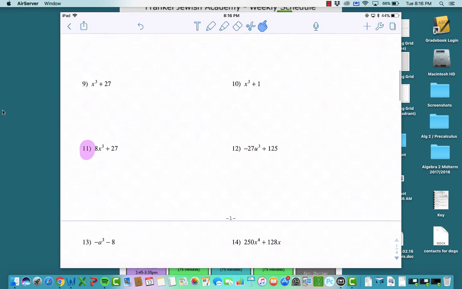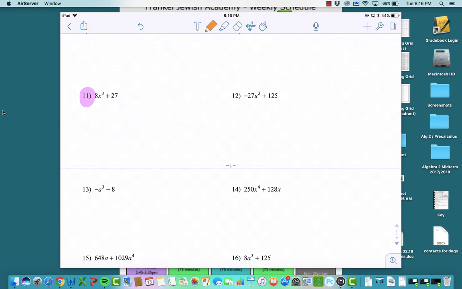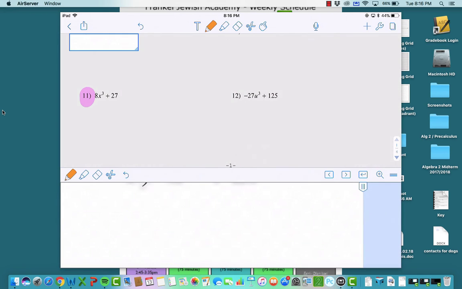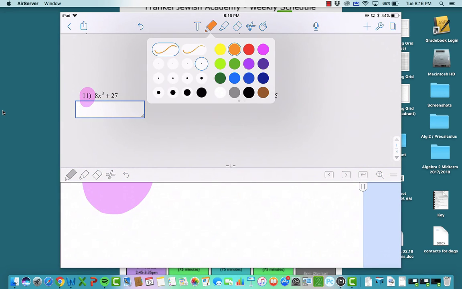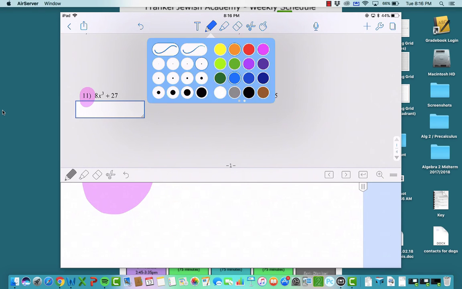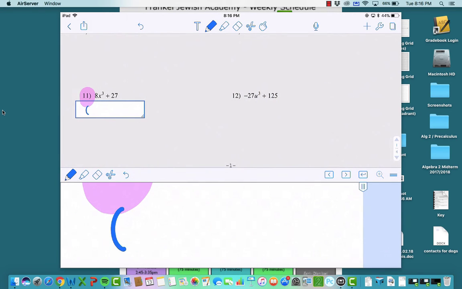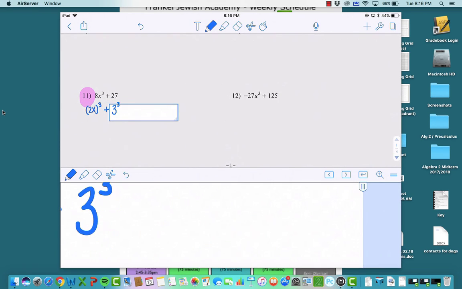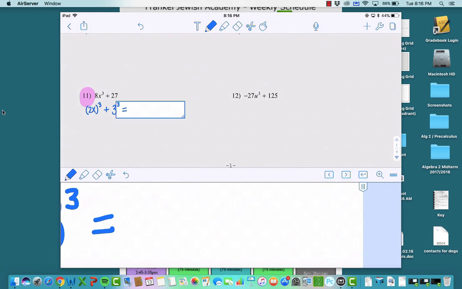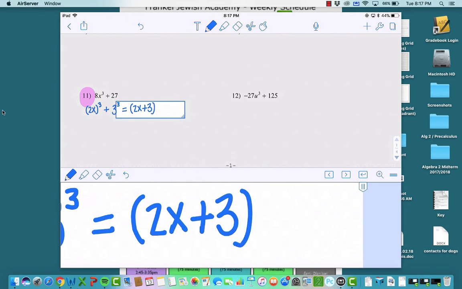So let's go down to number 11. Again, I have a sum of cubes here. It is an addition, so it is a sum. This is actually 2x cubed plus 3 cubed. So when I plug it into my formula, it's going to be the same sign, 2x plus 3.